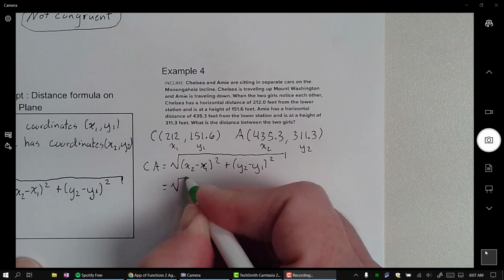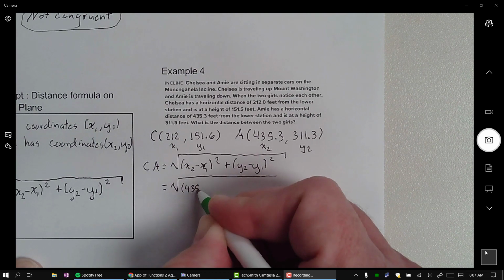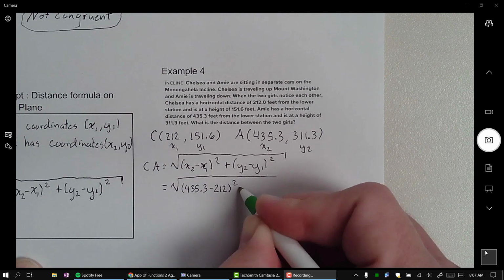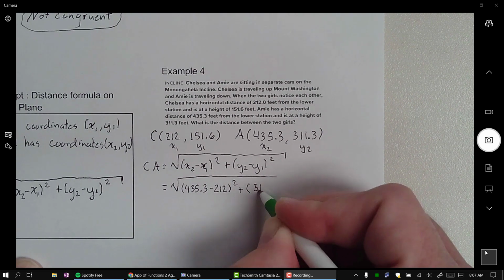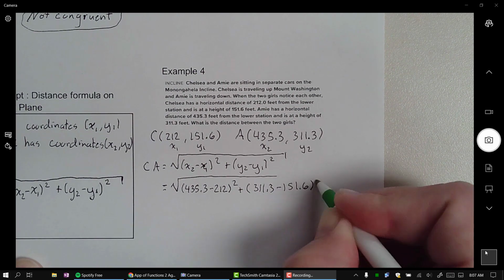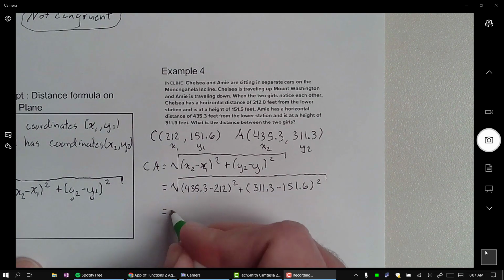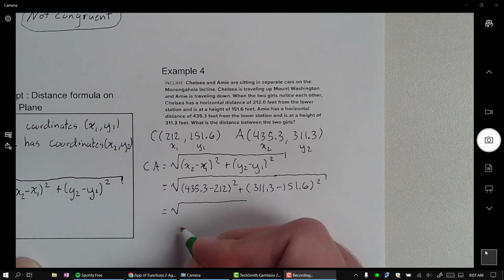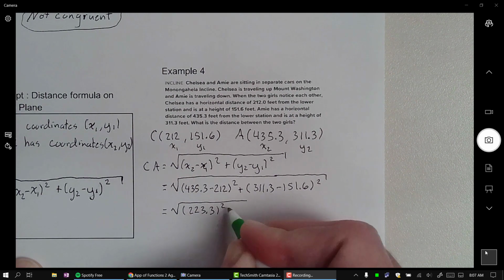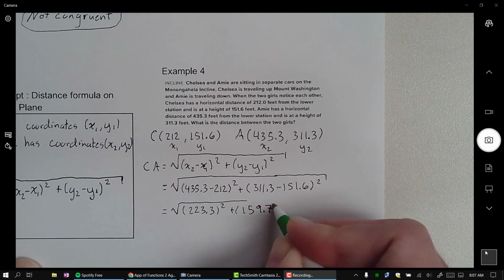So this is going to give me the square root of 435.3 minus 212 squared plus 311.3 minus 151.6 squared. Do the subtraction. When we do the subtraction, we get 223.3 squared plus 159.7 squared.